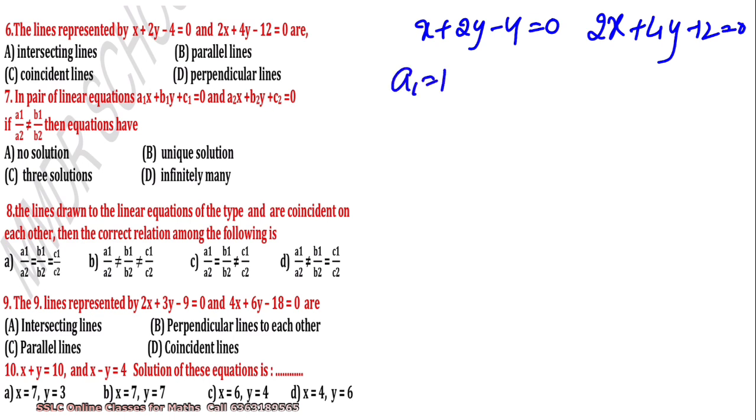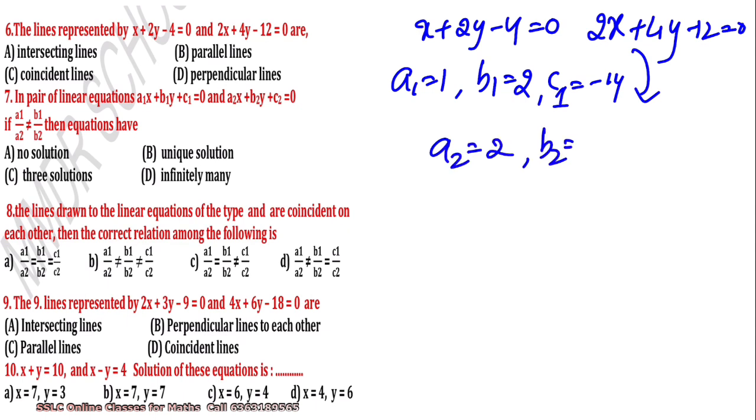So A1 value is 1, B1 equal to 2, C1 equal to minus 4. Similarly, from the second equation, A2 equal to 2, B2 equal to 4, C2 equal to minus 12.